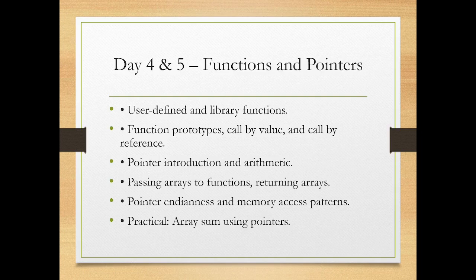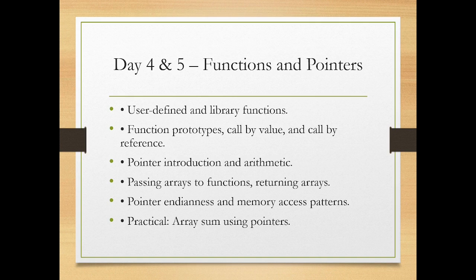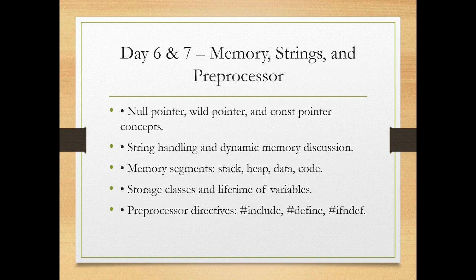What is a pointer? A pointer is a variable that stores the memory address of another variable. We have the asterisk, where the pointer holds the value at an address, and the ampersand, which gives the address of a variable. Now, memory, strings, memory segments, and the preprocessor.